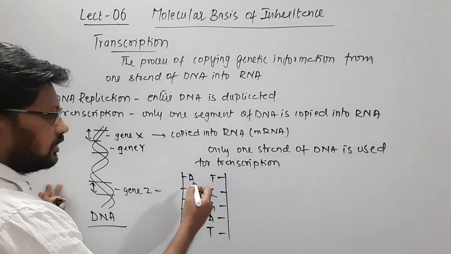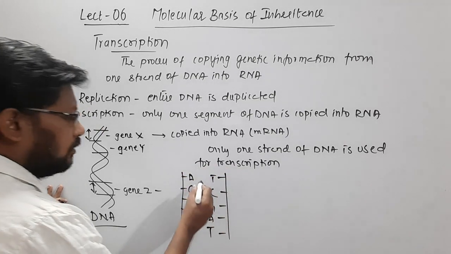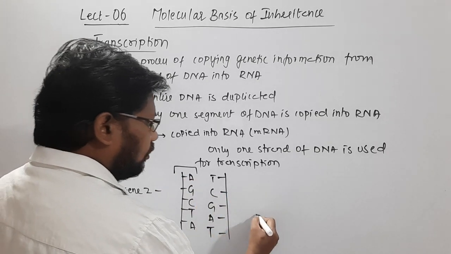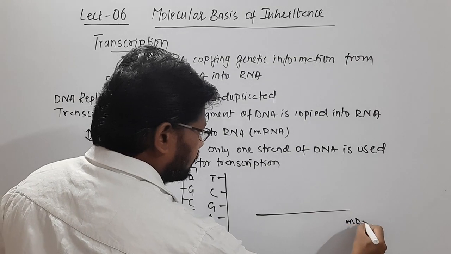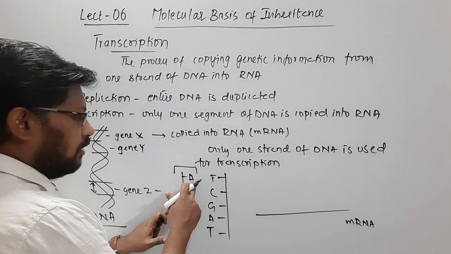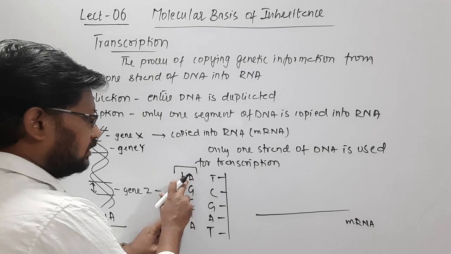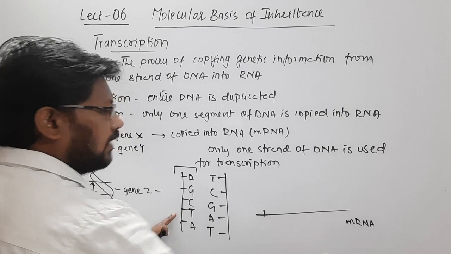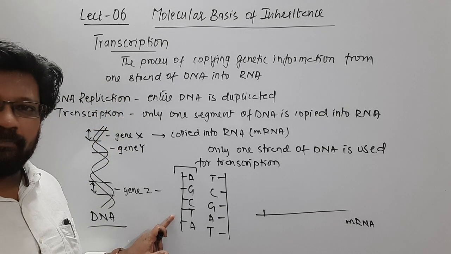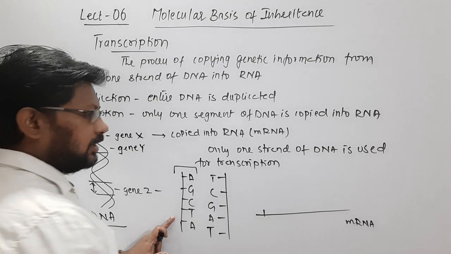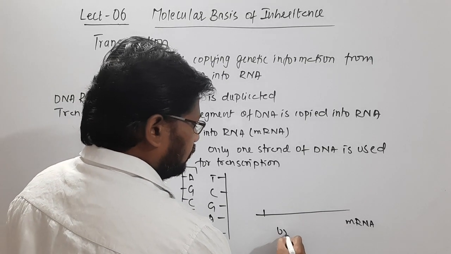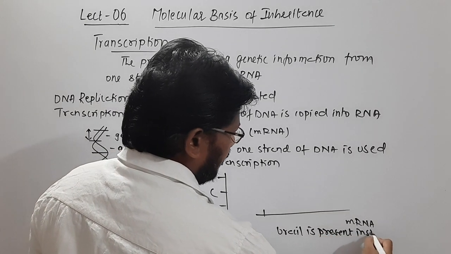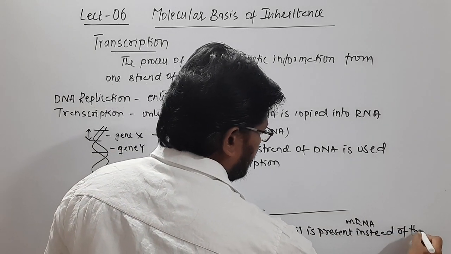Okay, so these are the two strands, right? Now suppose by using this strand there is a synthesis of mRNA, and now what will be the complementary here? So to this A, it will be T here, but in the case of RNA there will be no thymine, there will be uracil present instead of thymine.